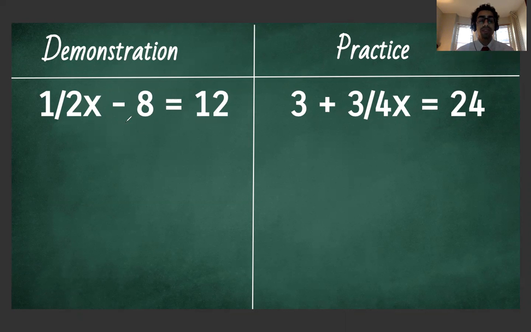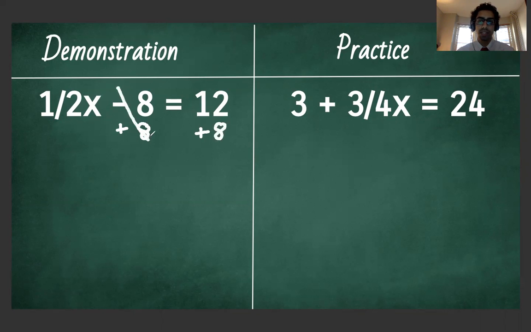So in this case, if I had -8, what would be the inverse operation? Adding 8. So I'm going to go ahead and add 8 onto this side. If I add 8 onto this side, I have to do it on this side as well. So I'm going to go ahead and show that out.